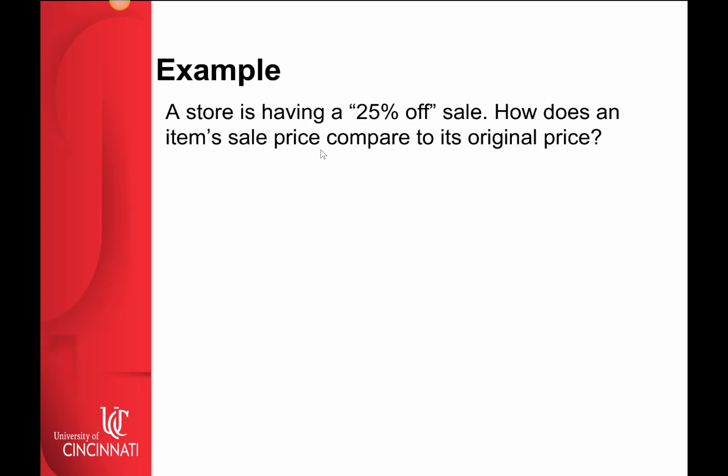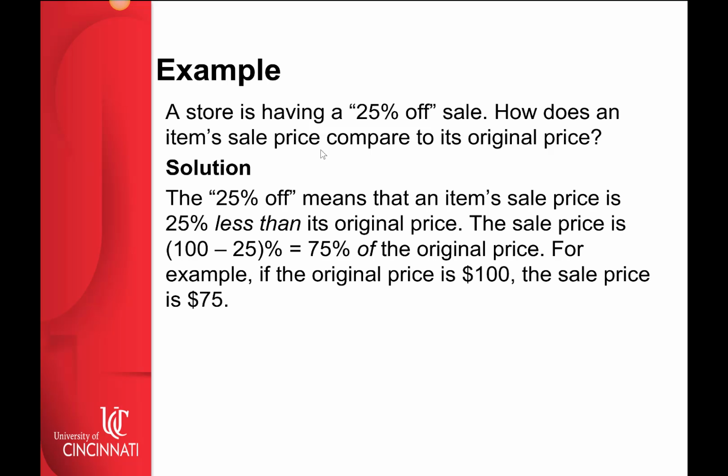Okay. Aha. A store is having a 25% off sale. How does a sales item price compare to its original price? Well, 25% off means what? Cheaper, right? Less than. It's 25% less than the original amount, isn't it?